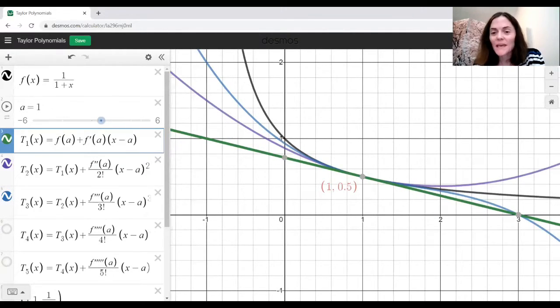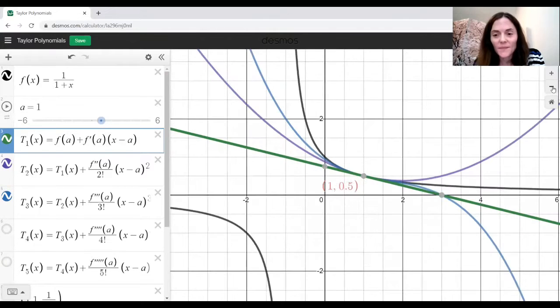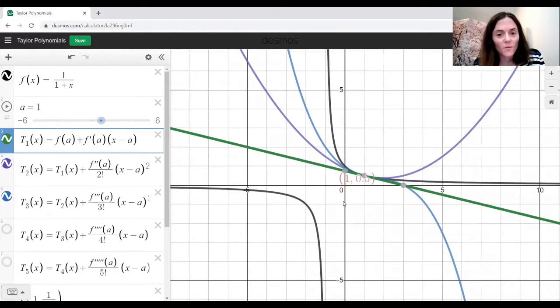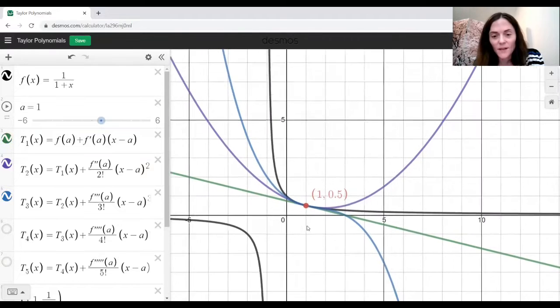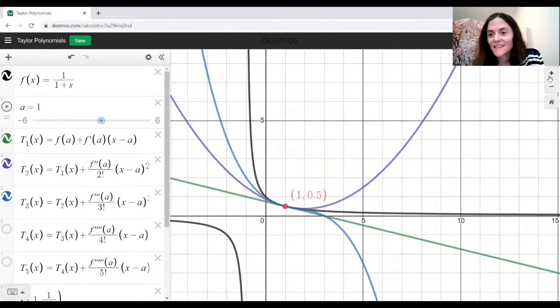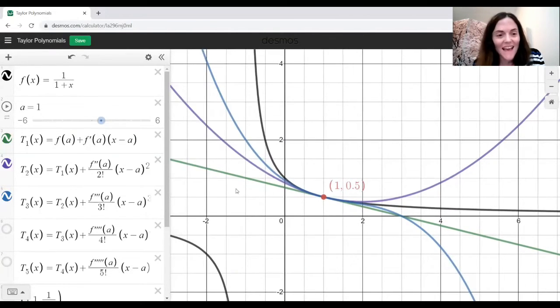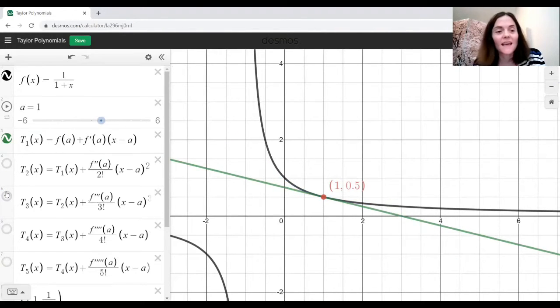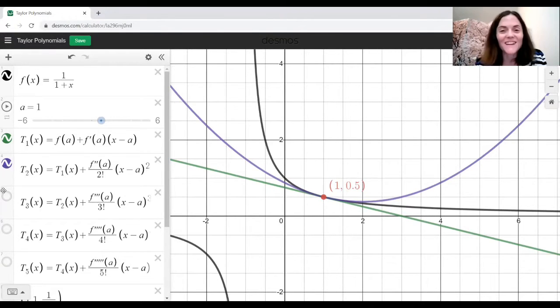I don't want to show this for a negative. I'm really focused on nearby 1. And what we see here, this would be the tangent line. It is the first order partial sum. This is the best quadratic. This is the second order partial sum. And this is this third order that we computed. Of course, you can keep going with this and taking derivatives if you want.